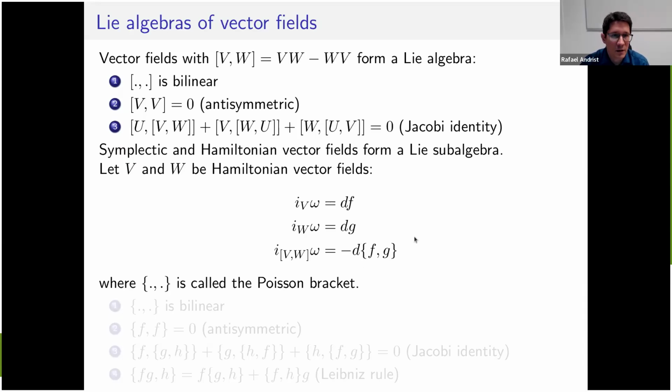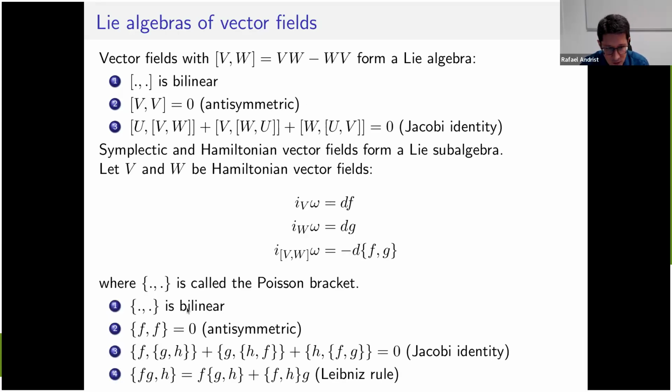And of course, since we have these defining properties for a Lie algebra, the Poisson bracket must satisfy these properties as well. But we get some bonus, namely the Poisson bracket also satisfies the Leibniz rule. So it is much easier to work with the Poisson bracket in the case of Hamiltonian vector fields than to actually compute commutators.